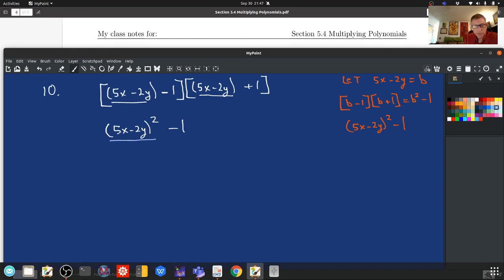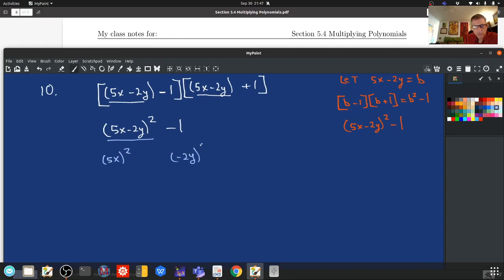This is equal to 5x squared minus 2y squared. Don't forget to bring down the minus 1. And then 5x minus 2y. So 5x times minus 2y is minus 10xy. Then multiply it by 2. Don't forget to multiply it by 2.